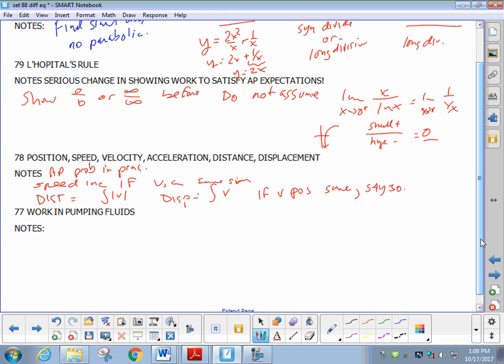Okay? If the velocity is positive, then the absolute value of v and v, same thing, right? I mean, the absolute value of positive is positive, no difference. If I tell you the velocity is always positive, what does this mean?